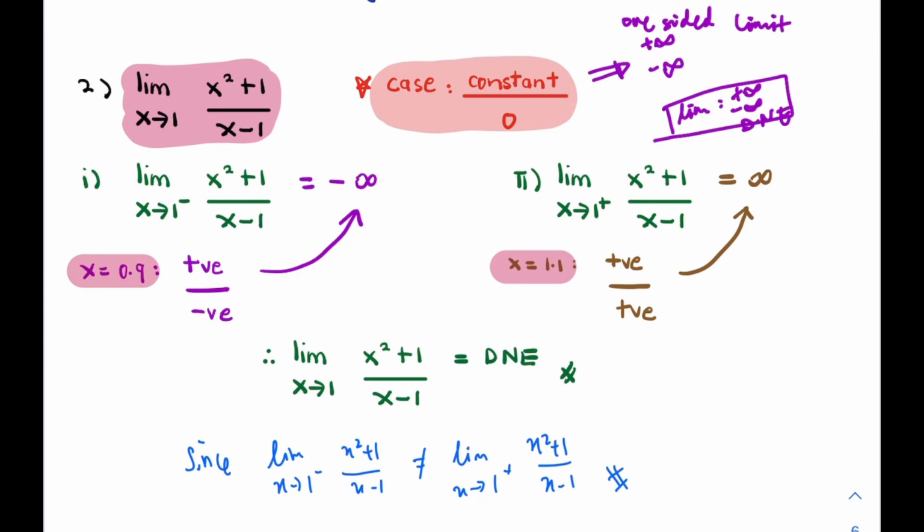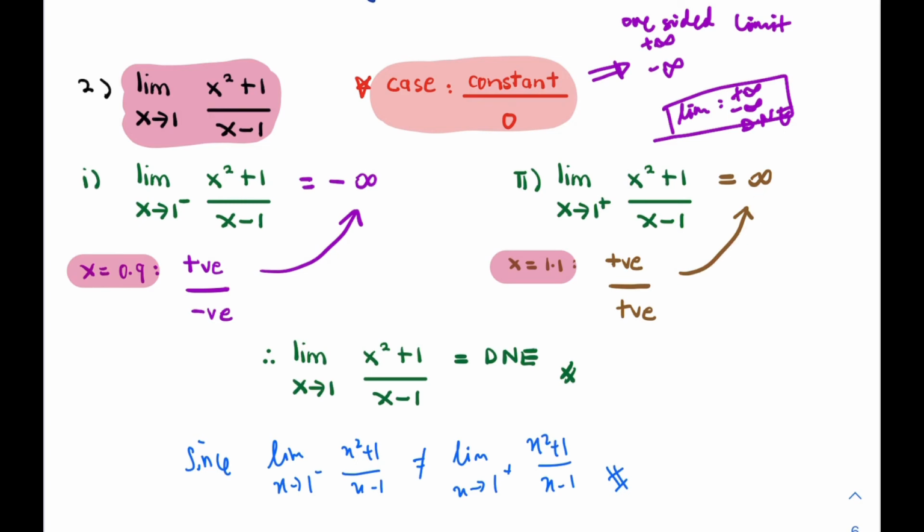Now let's check the limit as x approaches 1 from the right. Let's take one value from the right, say 1.1. So 1.1 squared plus 1 will give you positive. And for your denominator, 1.1 minus 1 will also give you a positive value. So positive over positive, you will get a positive value. So the answer here is positive infinity.